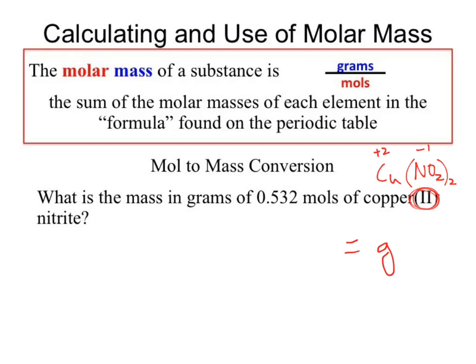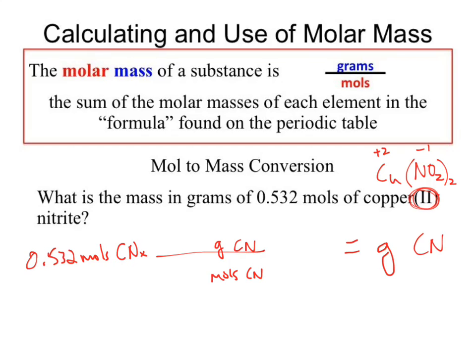Okay, what do we start with? We start with 0.532 moles. I'm just going to say CN because I'm lazy. Okay. What do we want to do? Moles of CN needs to cancel, and we need grams of CN in our numerator.